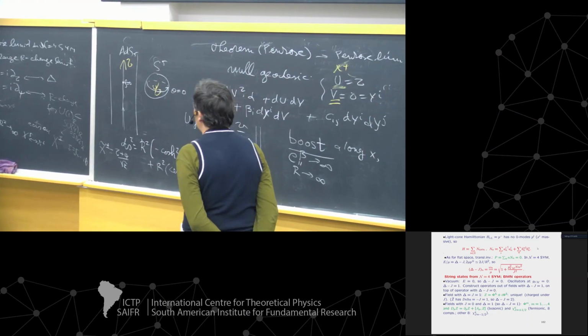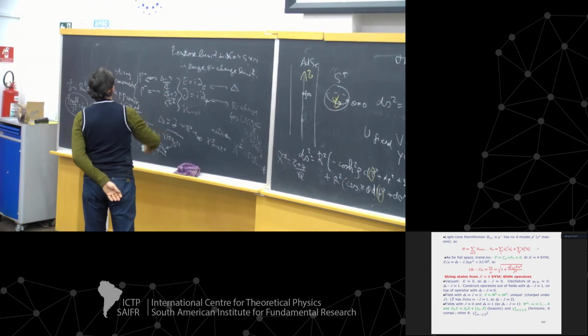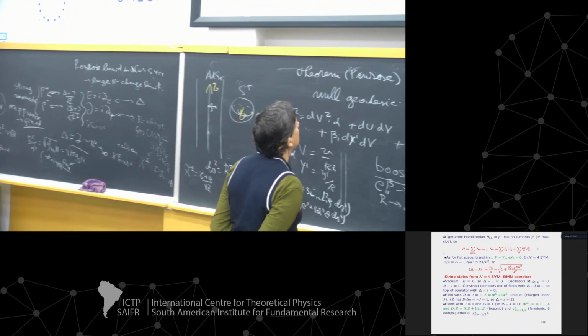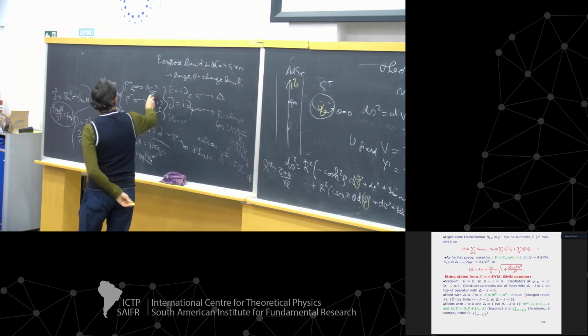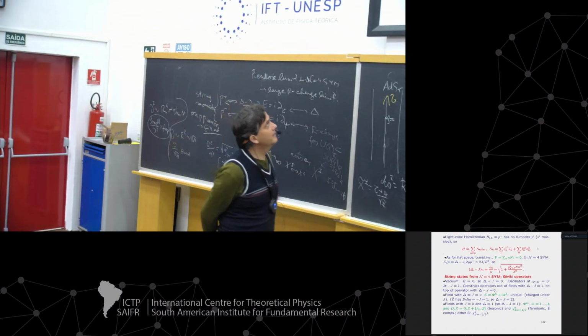And then p plus was related to delta minus j over square root 2. So, well, the square root 2 is irrelevant. One can make an overall rescaling.